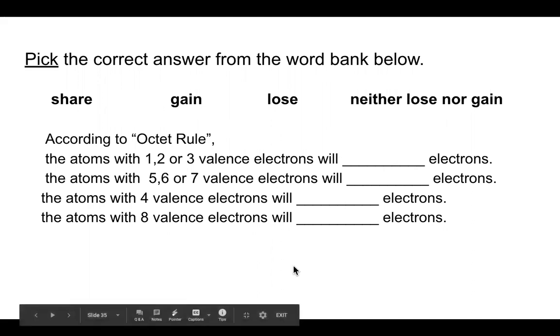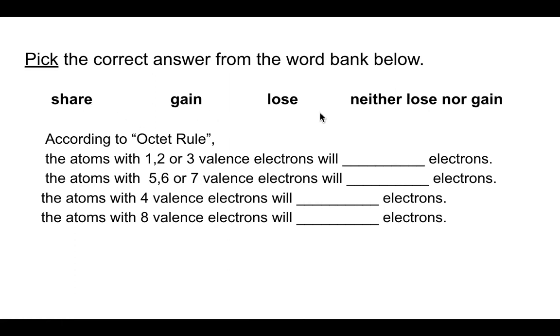Are you ready with the answers? Okay. So there is a word bank: share, gain, lose, neither lose nor gain. According to the octet rule, if the atoms have 1, 2, or 3 valence electrons, what will they do to become 8?